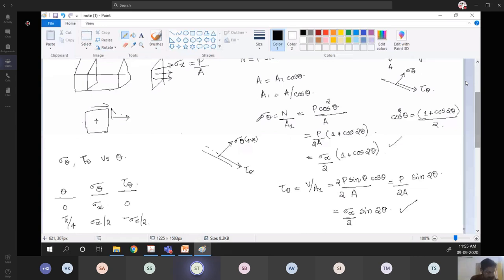Yes. In the sign convention we are following, we assume that if the outward normal is along the positive x-axis, then the stress components are said to be positive if they are also along the same axis.